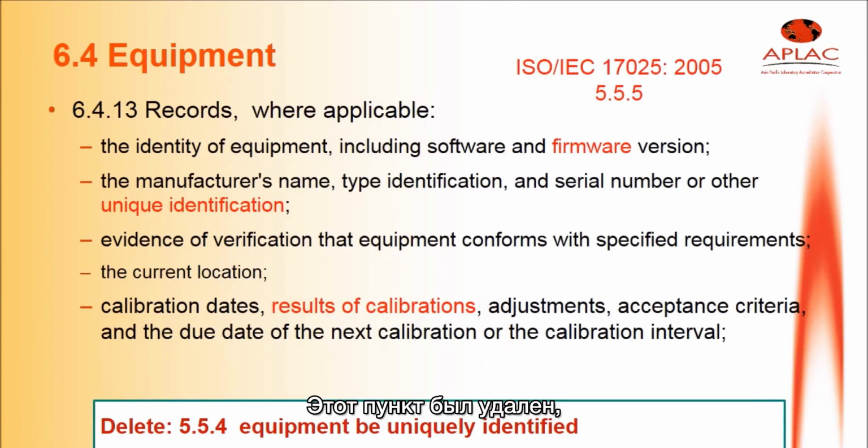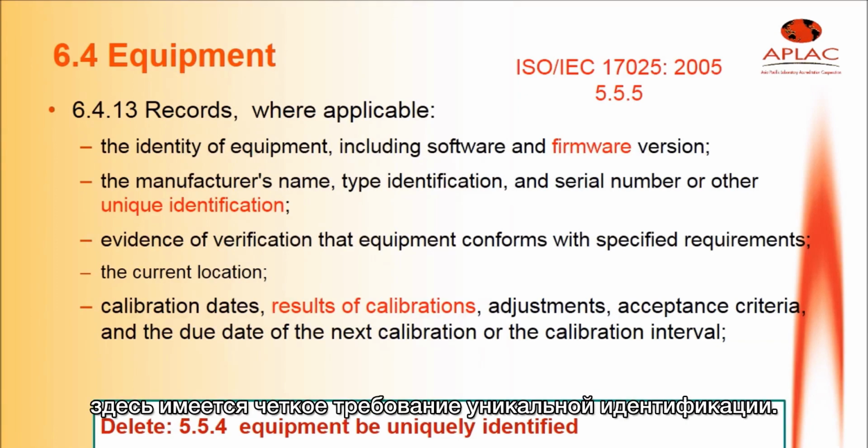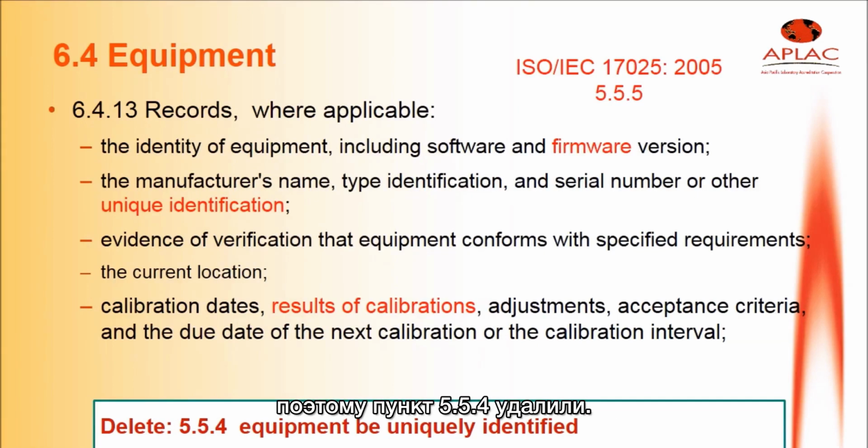This clause has been deleted because it overlaps with the second bullet, where there is a clear requirement on unique identification. So it is kind of a duplication. So Clause 5.5.4 is deleted.